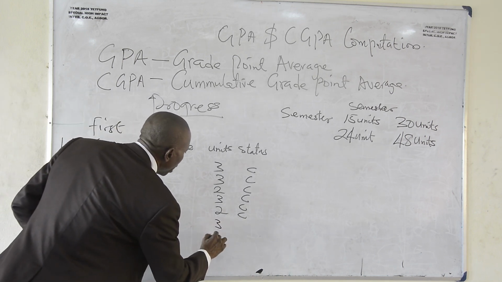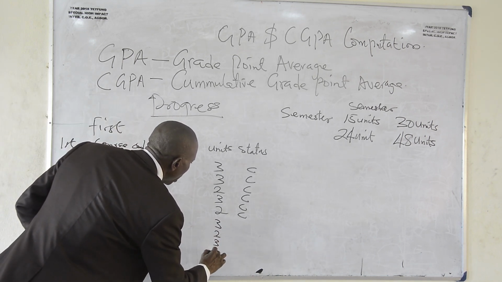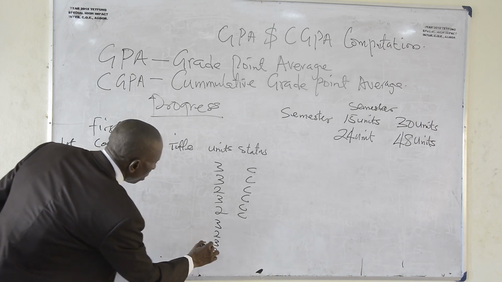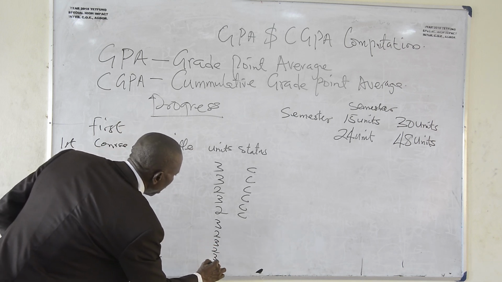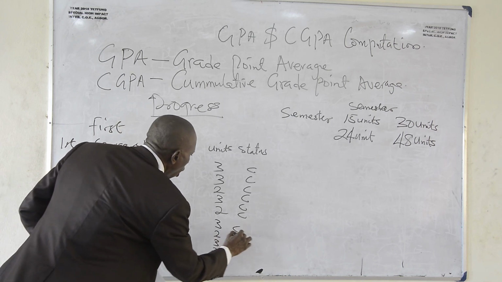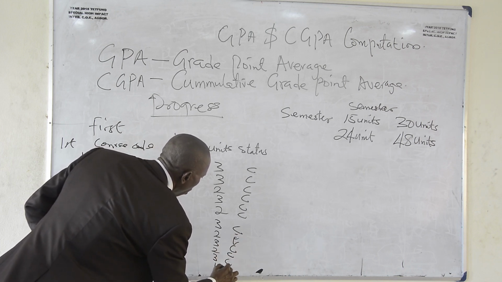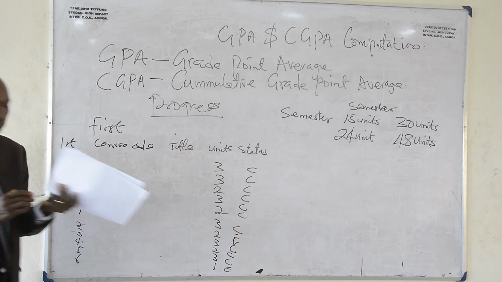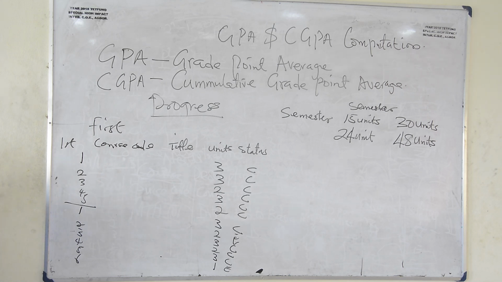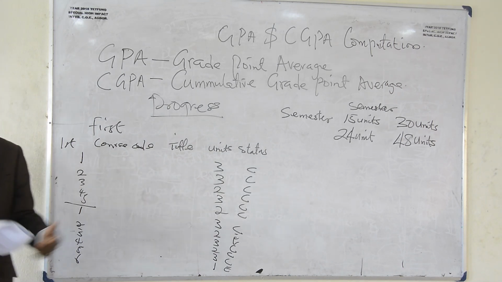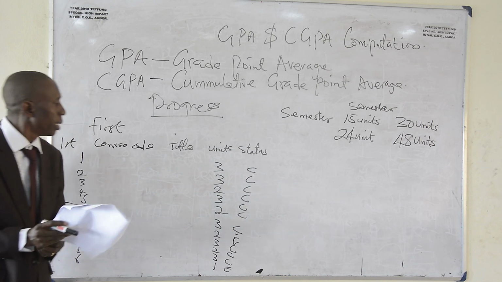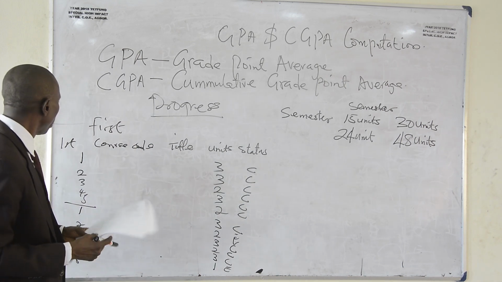And there are 3 units, 2 units, 3 units, 2 units, 3 units, and then 1 unit. This is core, elective, core, and then elective. This might be the registration a student has established in a section.